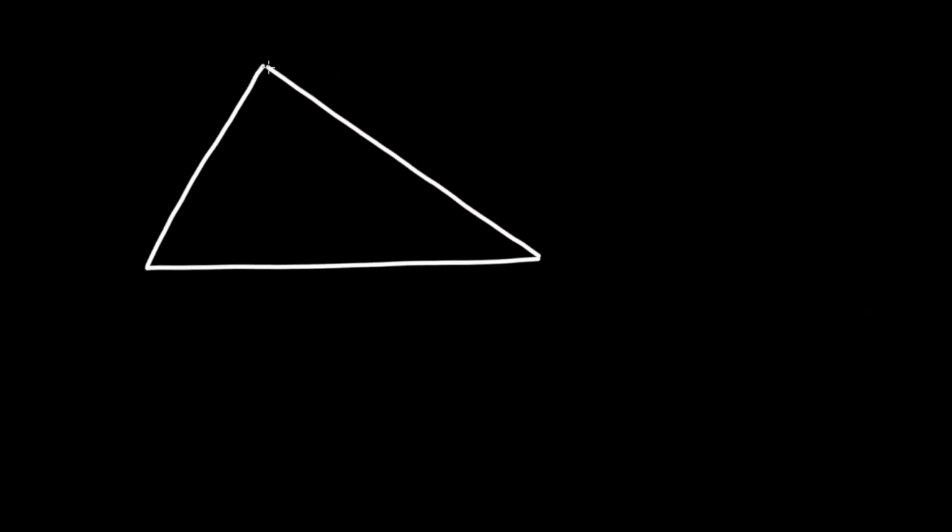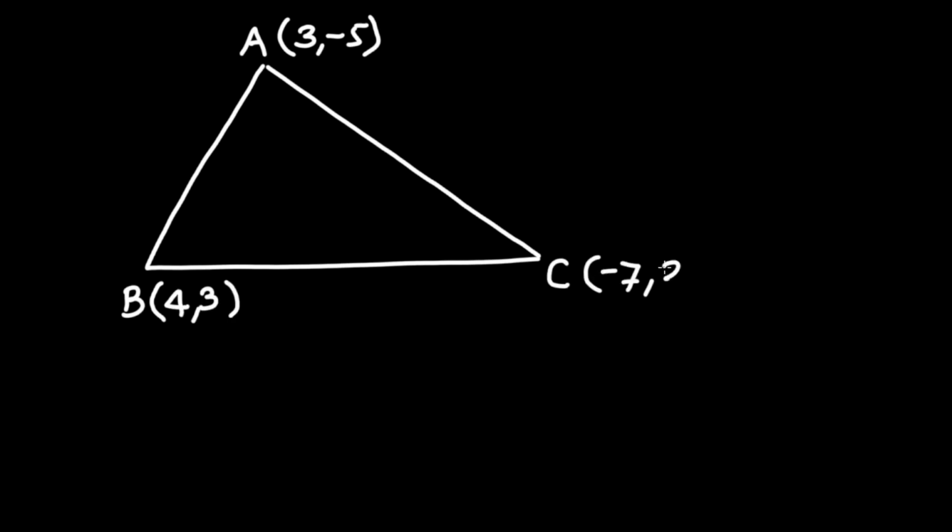The vertices of a triangle ABC are A (3, minus 5), B (4, 3), C (minus 7, 2). We have to find the equation of the altitude AD from A on the side BC. First, we will find the slope of side BC.